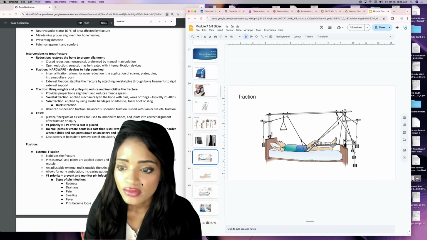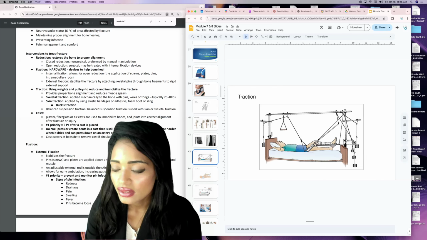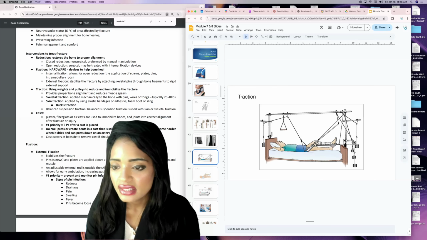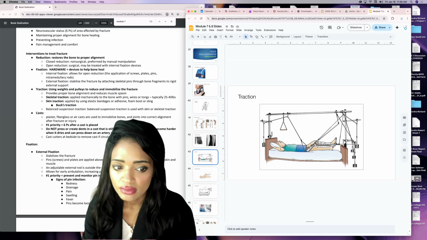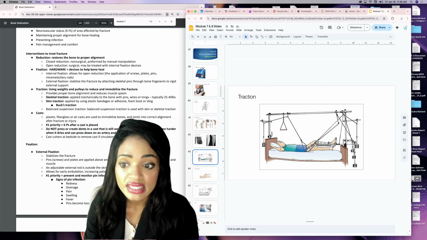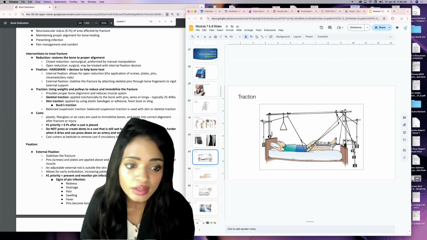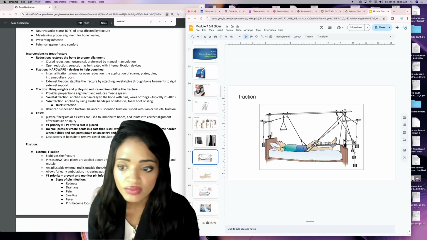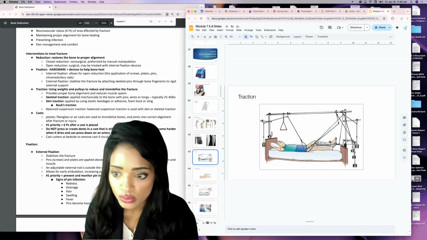The femur is up here, so I don't think it's the femur. Maybe the fibula or the tibia. Very good, so they're lower leg bones, right?